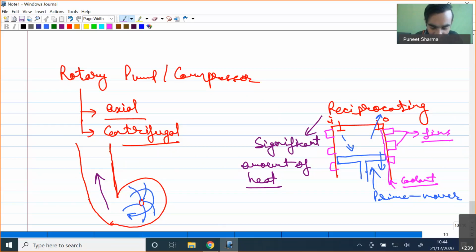Whatever I have told you in this slide is not very relevant to your content, but you should know that we have two types of devices, rotary and reciprocating. In our thermodynamic analysis in this subject, if any condition is not specified about heat transfer, we will consider that our pump or compressor is adiabatic.